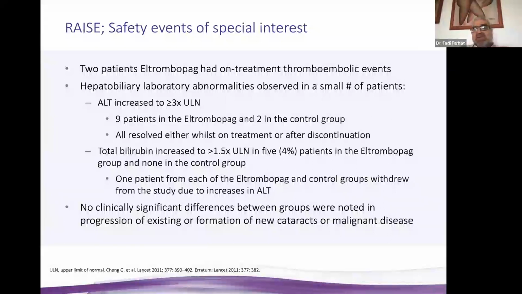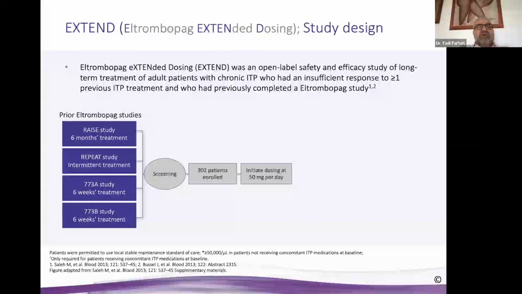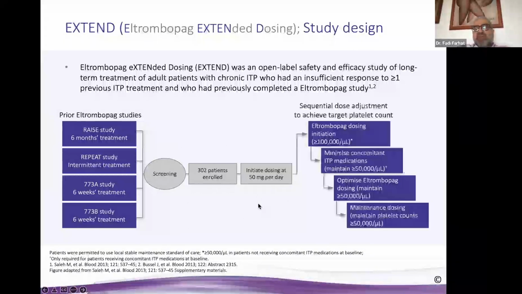Now we go to the second trial, the L-Thrombobag extended dosing study design. Many patients that were included in different trials were screened, and the number was almost 300 patients. They started with the dose of 50 milligrams. Then a sequential dose adjustment was done to achieve the target platelet count.